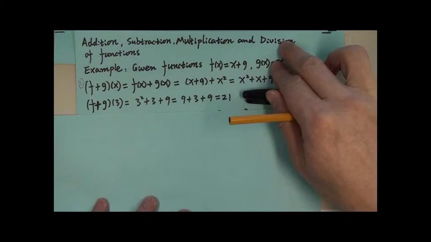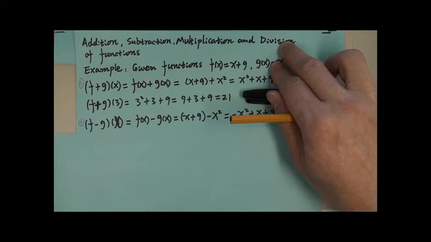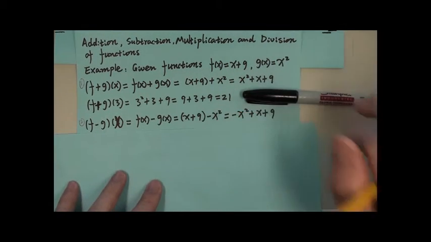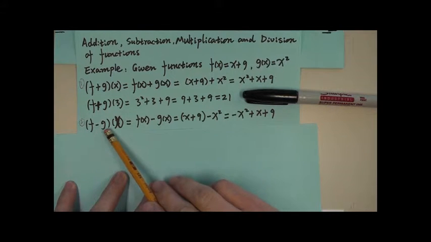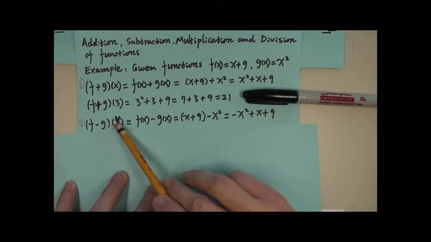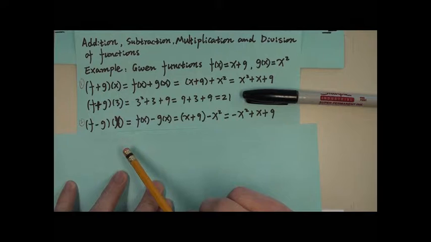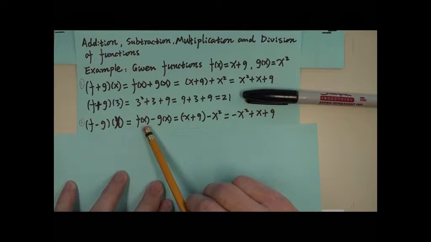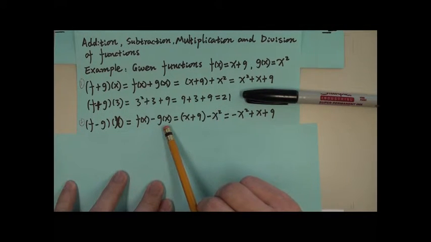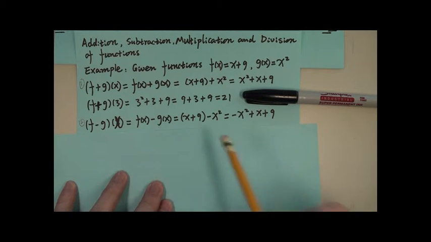Now here is the addition. Subtraction is the same. f minus g of x is defined as f of x minus g of x. Okay, that's by definition. No reason. We define it in this way.